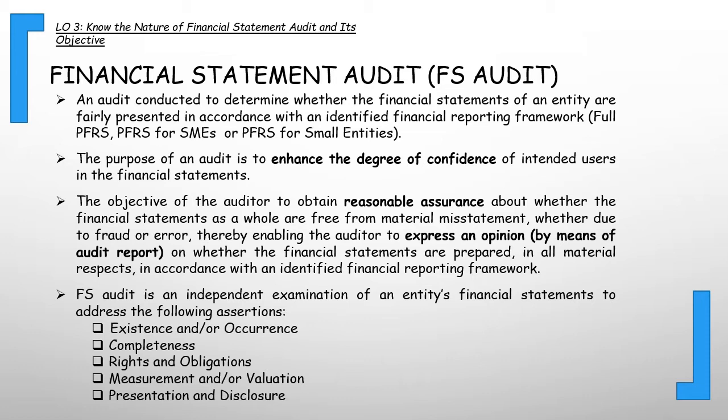Okay. Yung existence, whether assets, liabilities, equity, revenues, expenses really exist. Occurrence, whether the financial transactions that have been recorded have occurred, 'di ba? Completeness, whether all transactions that should have been recorded have been recorded, 'di ba?